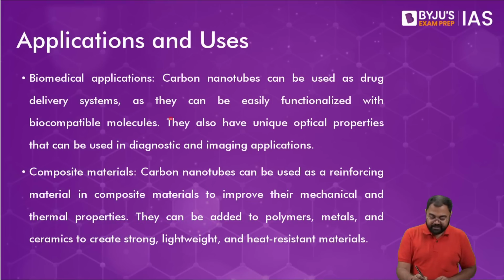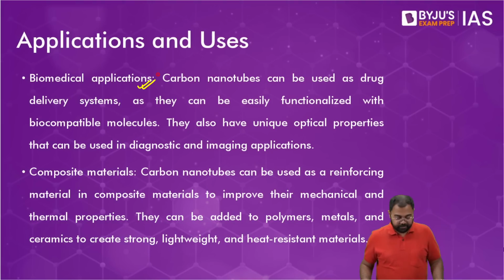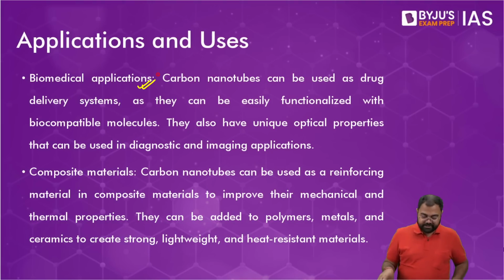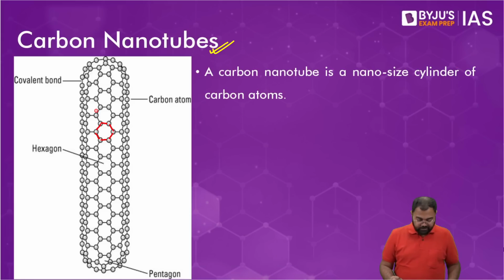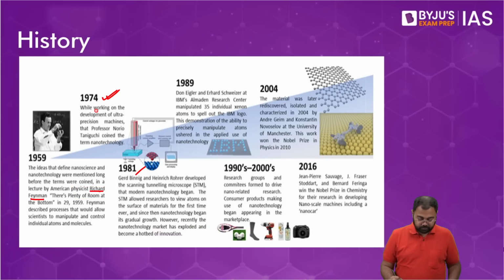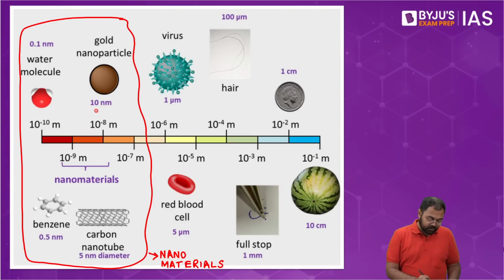Then in biomedical applications also they can be used. First and foremost, there are a number of ways in which, for example, they can be used in drug delivery systems. Now why drug delivery systems? Let me go back to a figure that we had seen. Look at the size of the red blood cells, right?